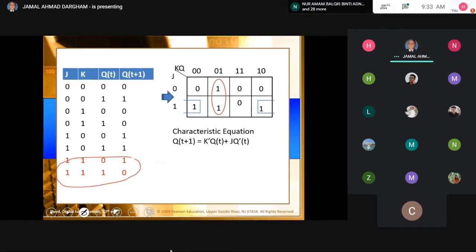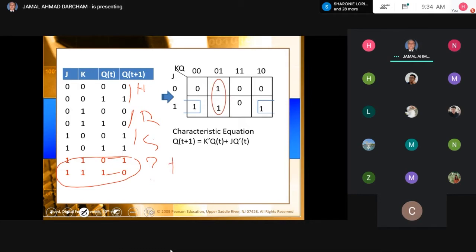There used to be a question mark for the RS. Now we put it as toggle. If Q(t) is 0, it becomes 1. If it was 1, it becomes 0. The rest are the same. This is hold, this is reset, set, and this one is toggle.